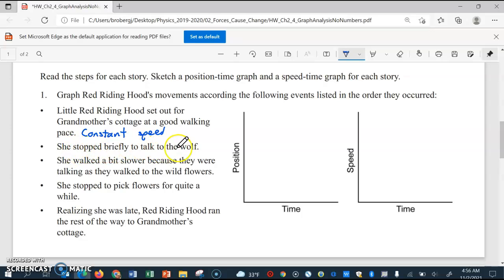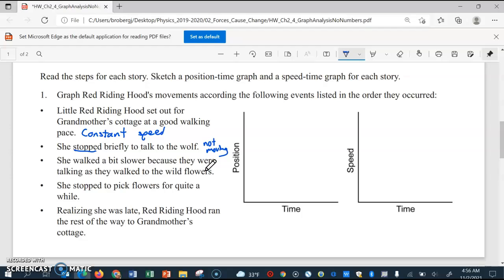Then it says she stopped briefly to talk to the wolf. If you want to write down what's happening here, or underline things, you can choose. But it says that she stopped, which is just another way of saying she's not moving. That's easy, you guys know that. And then she walked a bit slower because they were talking as they walked to the wildflowers.